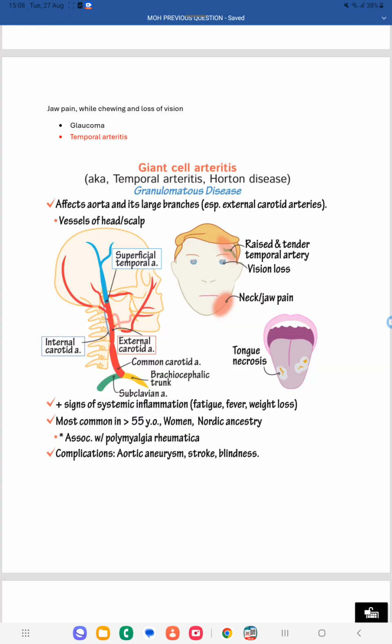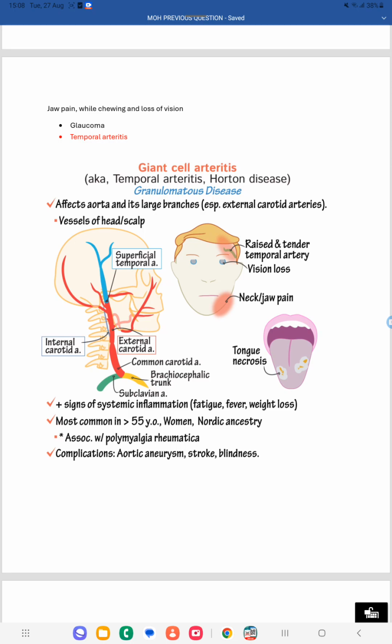Jaw pain while chewing. While chewing there will be severe pain in the jaw area, and along with that loss of vision they have told. So these symptoms are indicating the patient is suffering with temporal arteritis, otherwise known as giant cell arteritis, or Horton disease.